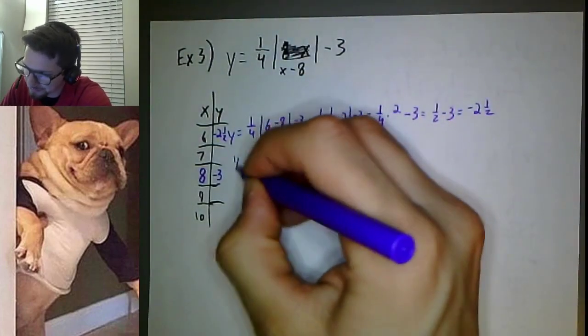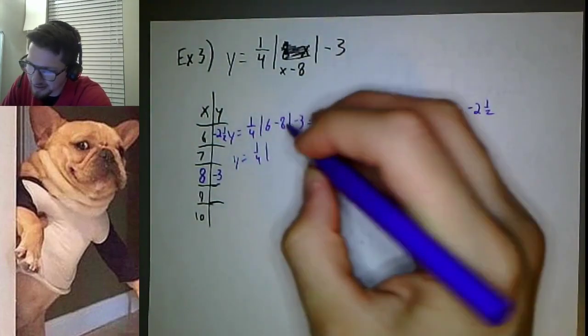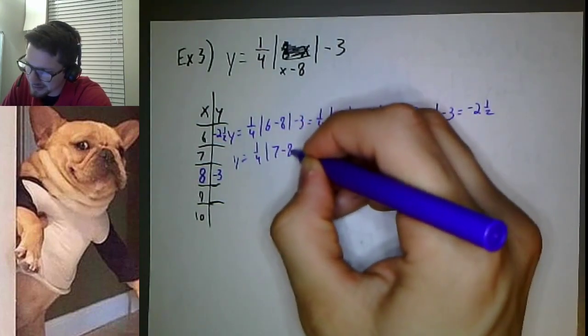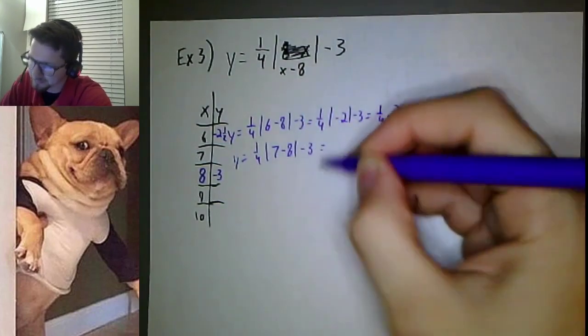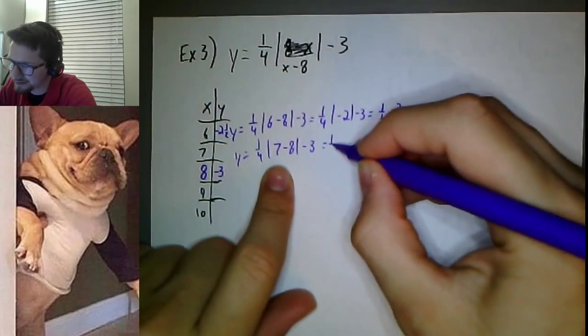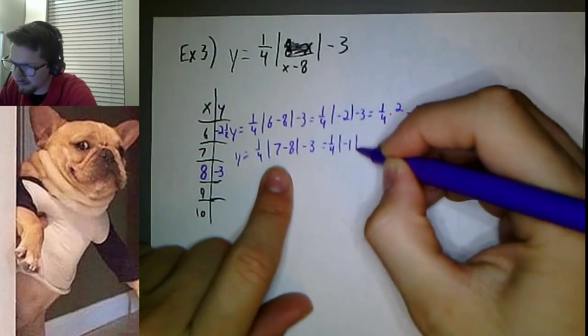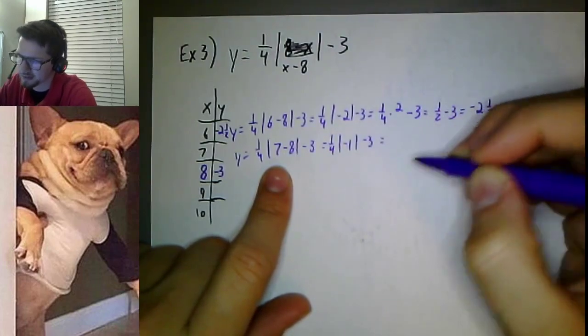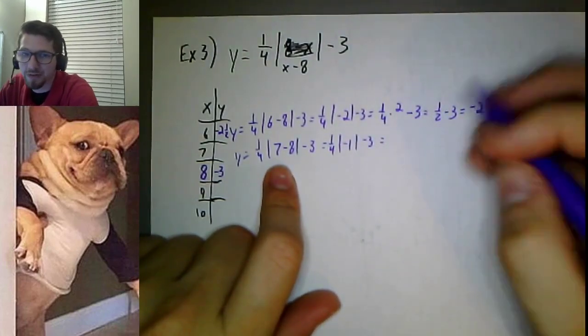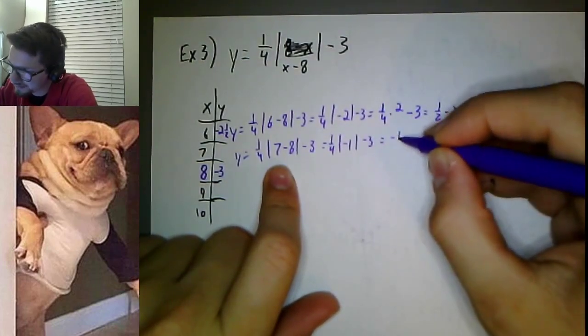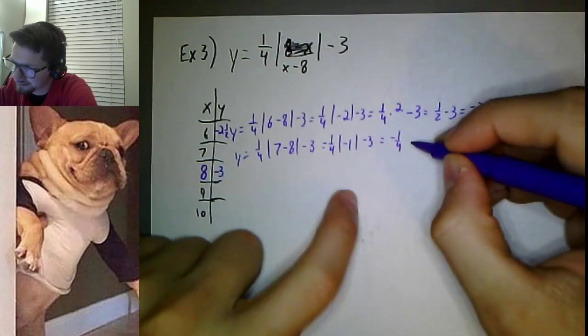Let's do 7. Y equals 1/4 times the quantity of 7 minus 8, minus 3. 7 minus 8 gives me negative 1. 1/4 times negative 1 gives me negative 1/4, minus 3.